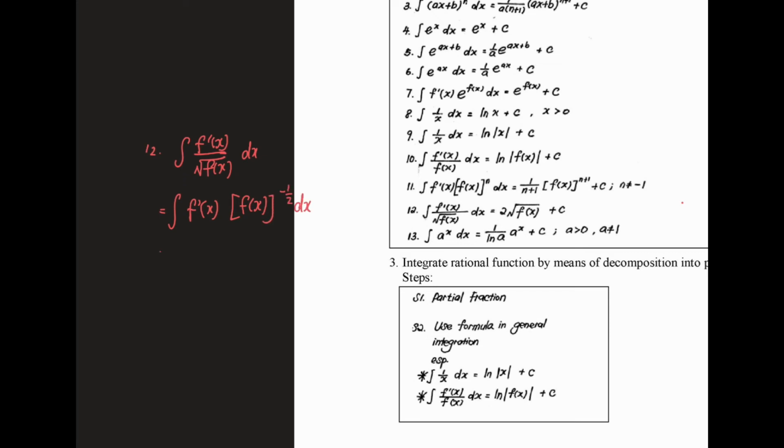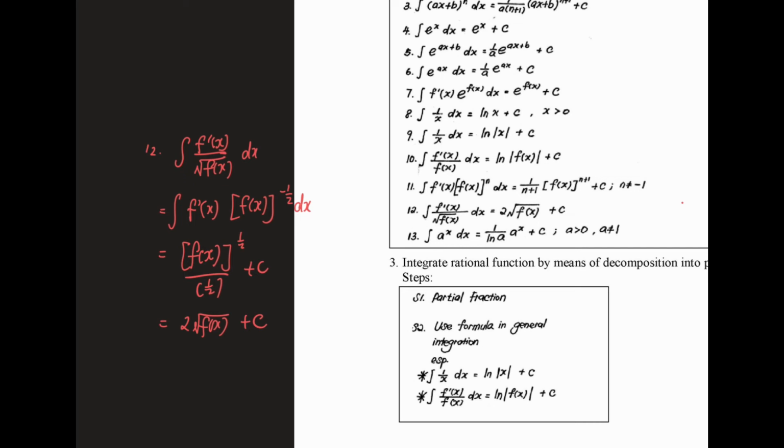Then when you integrate based on formula number 11, the power becomes half, then we divide by half plus c, and then after that you will get 2 square roots of fx plus c. So it's a similar concept. It is based on formula number 11.